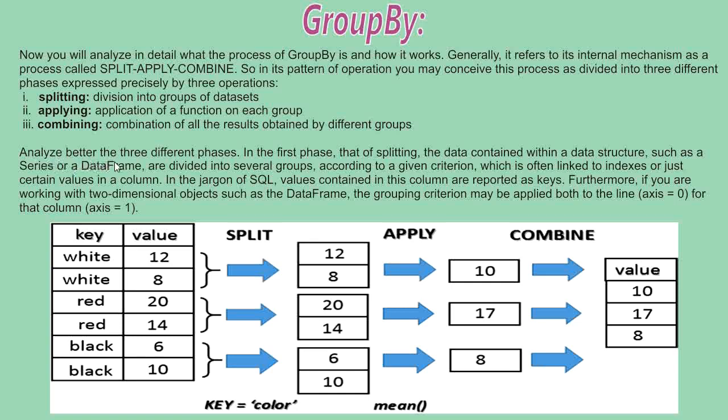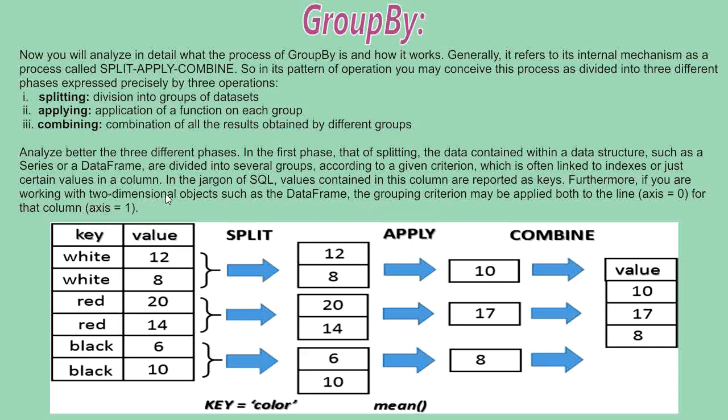Let's analyze the 3 different phases better. In the first phase, that of splitting, you can see here, split according to color. The data contained within a data structure, such as a series or a data frame, are divided into several groups, according to a given criterion, which is often linked to indexes or just certain values in a column.